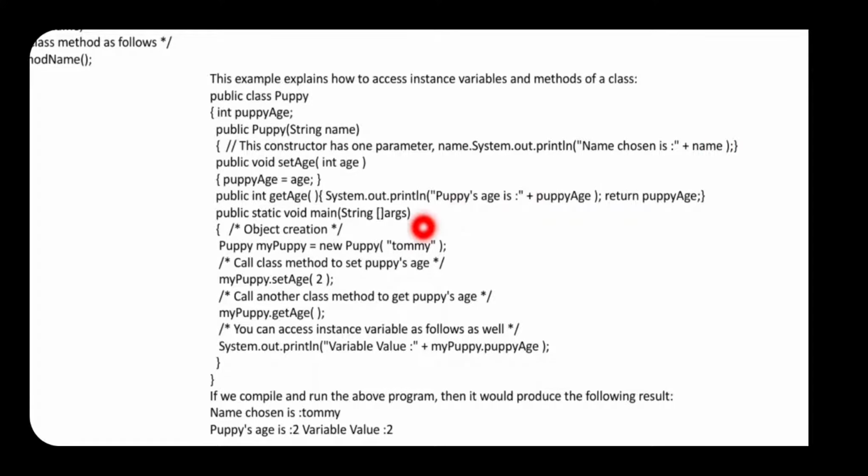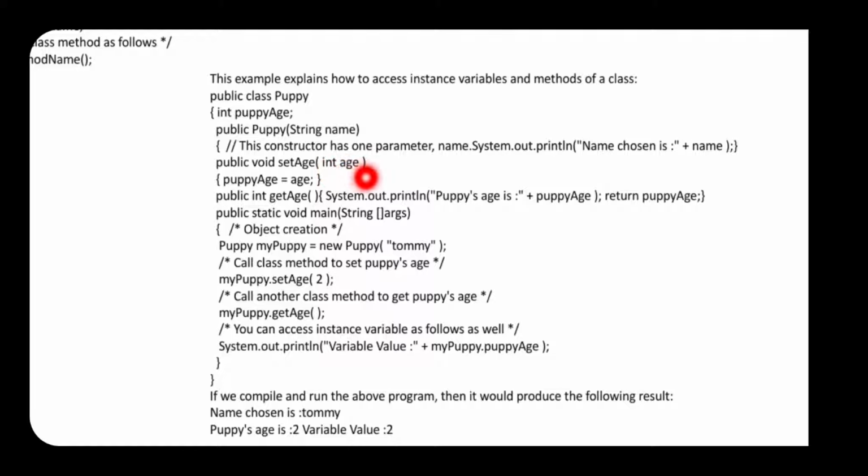Keep in mind, this particular name will be sent to the constructor's name and displayed here. Afterwards you will have myPuppy, the object name, dot setAge. SetAge is a function of your Puppy class, where you are going to pass 2 as a value, so this function will be executed here.